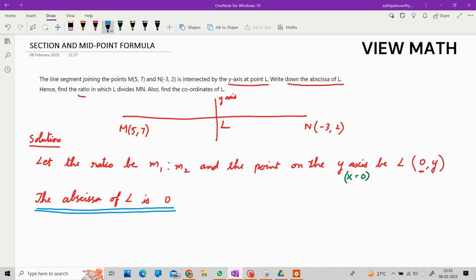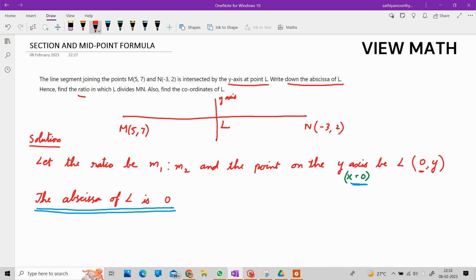Because L is a point on the y-axis, in the y-axis x is equal to 0, so the abscissa is 0. Next, find out the ratio, and the coordinate of L also they are asking us to find out.